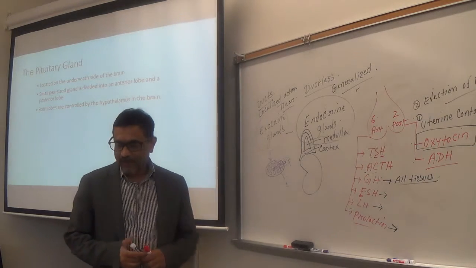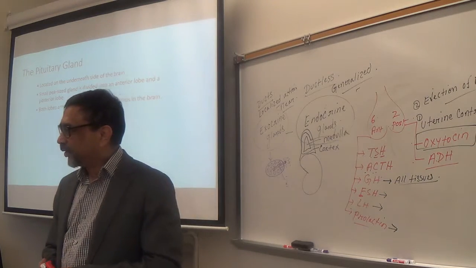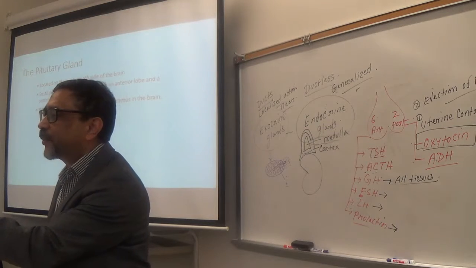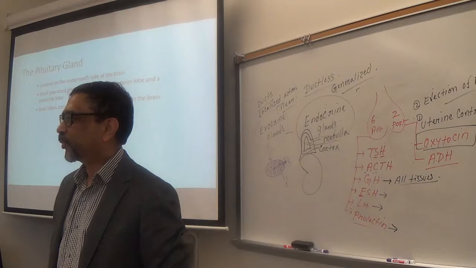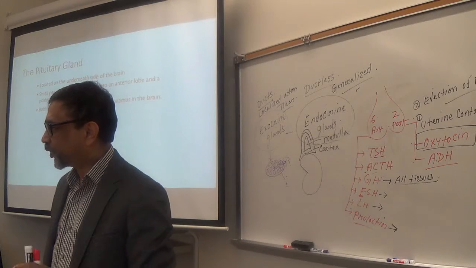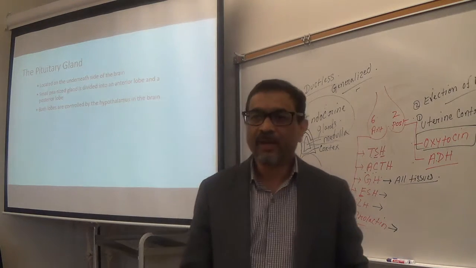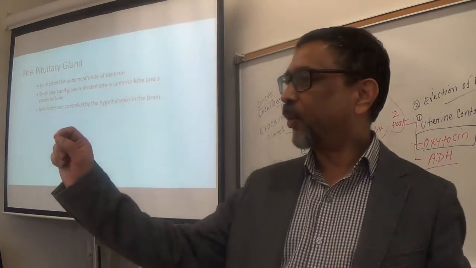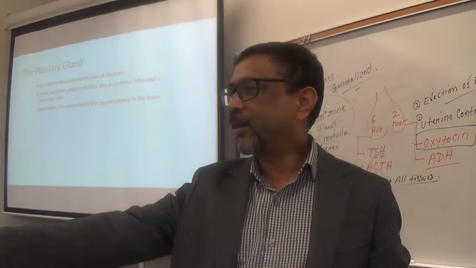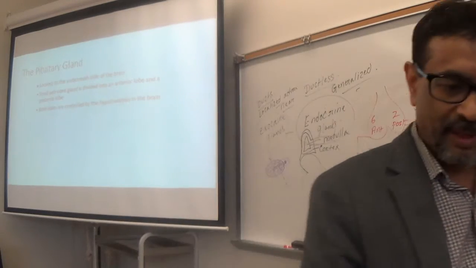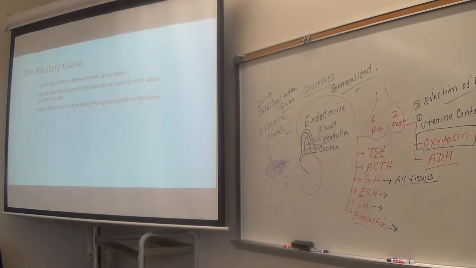Now, if I ask you which hormone helps in the production of milk? Prolactin. And is it an anterior or posterior pituitary hormone? Anterior. Which hormone helps in the ejection of milk? Oxytocin, which is a posterior pituitary hormone.